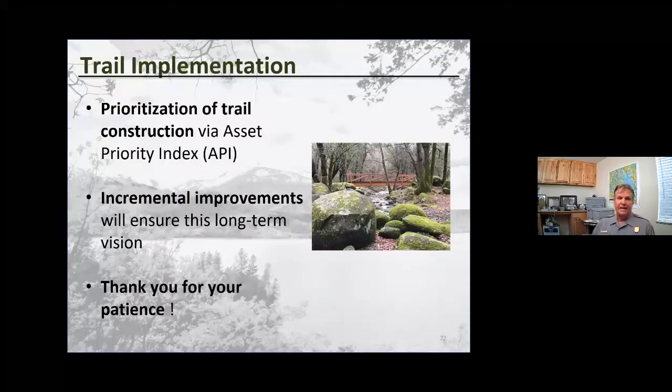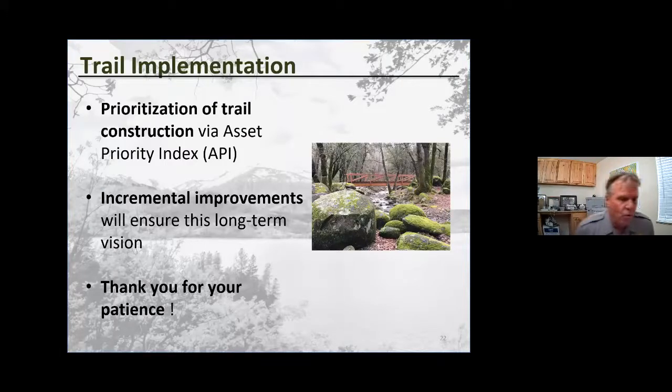So, trail implementation. We use something called an API, or Asset Priority Index, to prioritize our trails. This allows us to understand where we get the biggest bang for the buck for our money.